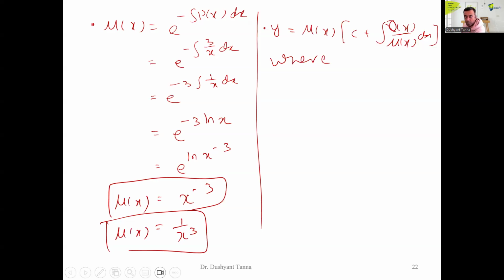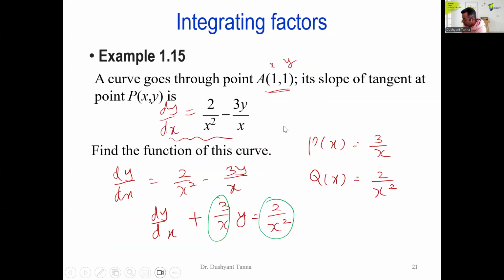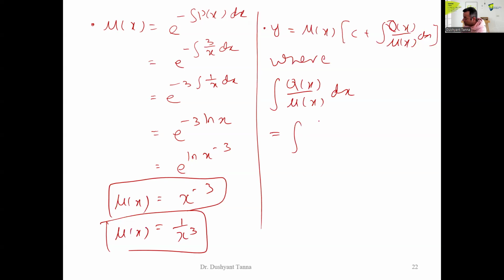Integration of Q(x) over mu(x) dx. What was the value of Q(x)? 2 over x squared. This turned out to be easier. 2 over x squared, and mu(x) is 1 over x cubed, so 2 over x squared times x cubed dx turns out to be 2x.